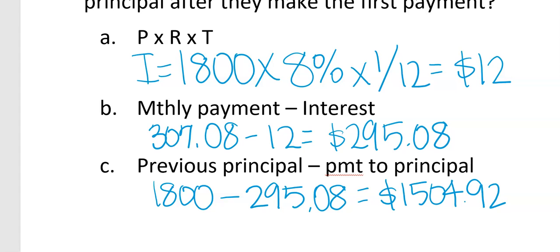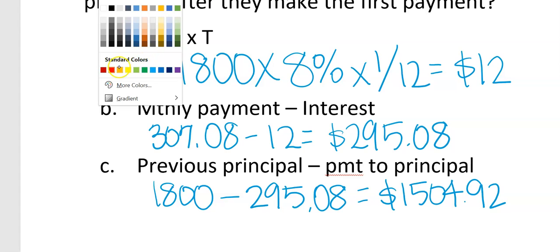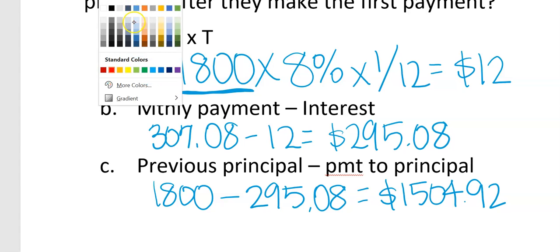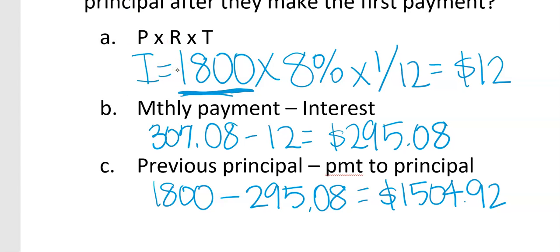The only numbers that are going to change when we do the rest are these. Our new principal is going to be this 1504.92. That one replaces those 2 that are underlined. So every single time you'll have a new starting number that we're looking at. Let's grab a piece of paper, and let me hand out these tables.